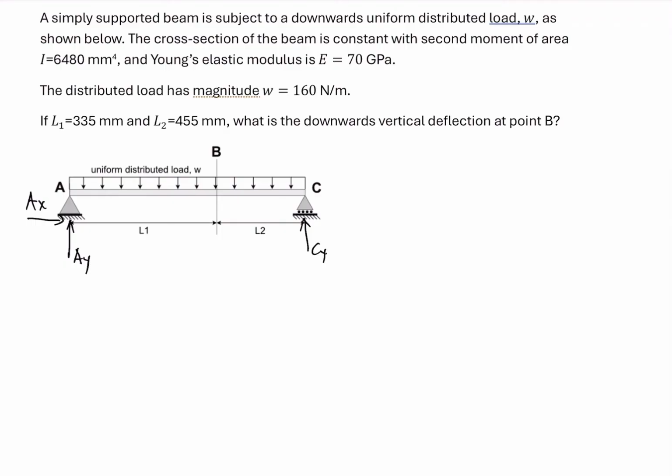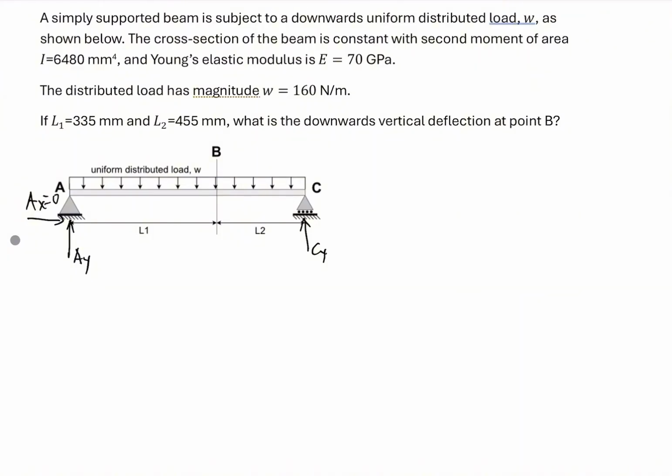If we write down the equation of equilibrium in the horizontal direction, there is only one force, AX. That means AX must be equal to 0, otherwise we cannot satisfy the equation of equilibrium in the x direction. So AX is equal to 0.